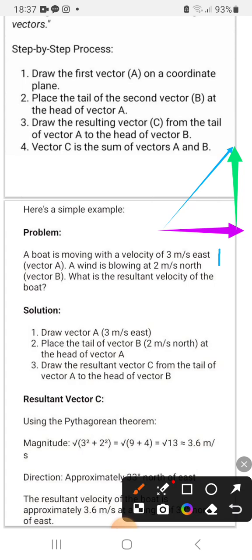This is vector A, this is vector B, and this is our resultant vector.